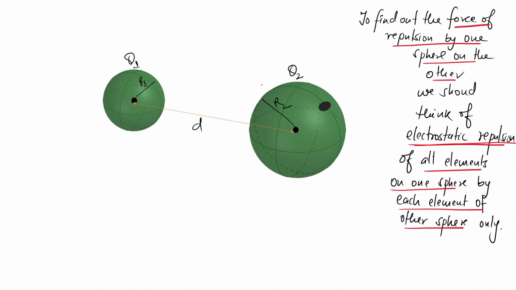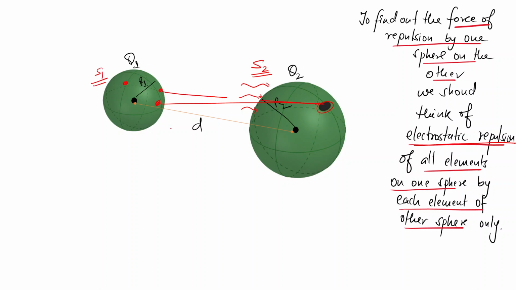Let's say we are talking about how much repulsion Q2 is going to experience. This spherical shell S2 is going to experience. Then you should take all elements on this S2, and then you should calculate its repulsion from each element in the S1.